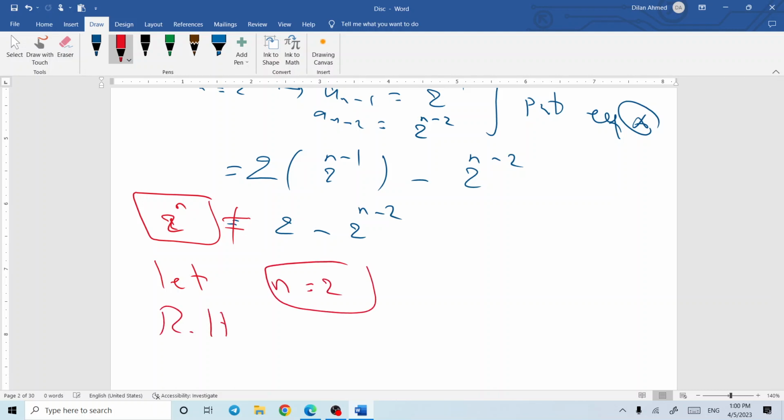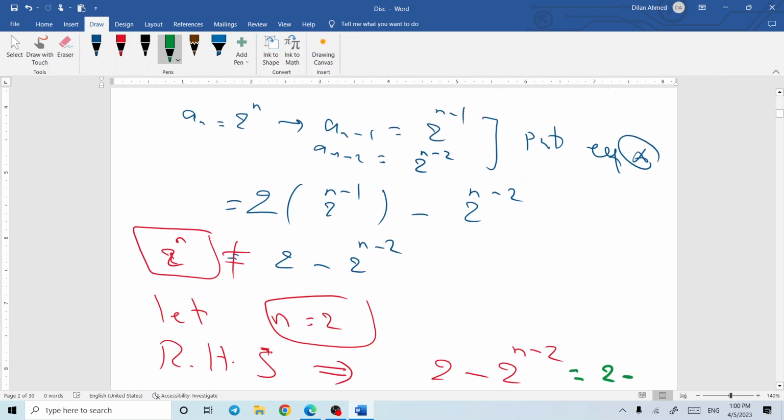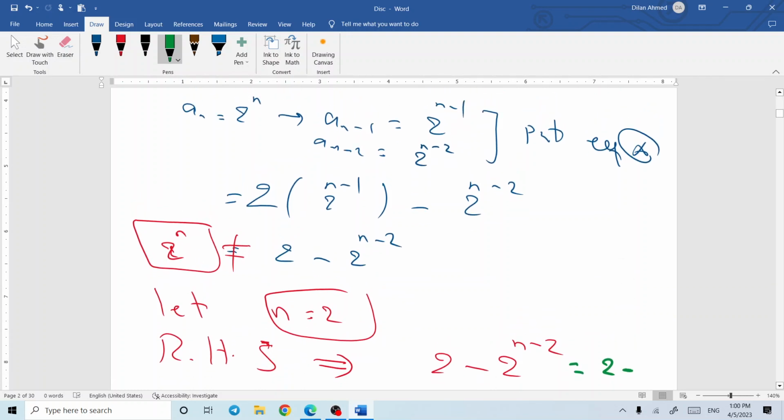So the right hand side of the equation is what? It is 2 times 2 power n minus 1, minus 2 power n minus 2. If I put n equal 2, I will get what? I think something is wrong. Let me fix it. The right side is 2 power n minus 2 power n minus 2.